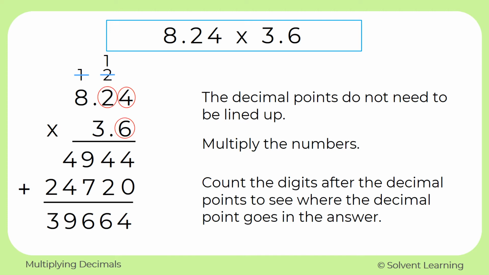So we have 3 digits altogether that are after the decimal point. That's going to tell us where the decimal point goes in the answer, because our answer will also have to have 3 digits after the decimal point. So if we place it right there after the 9, we do have 3 digits after the decimal point. So our final answer is 39 and 664 thousandths.